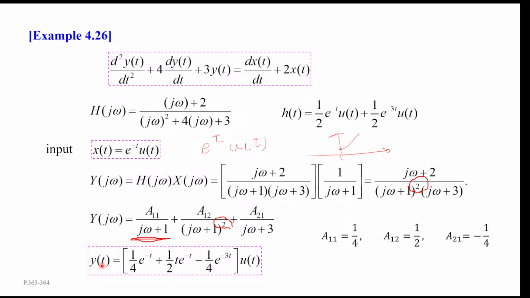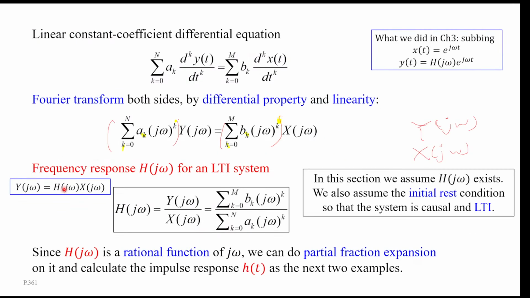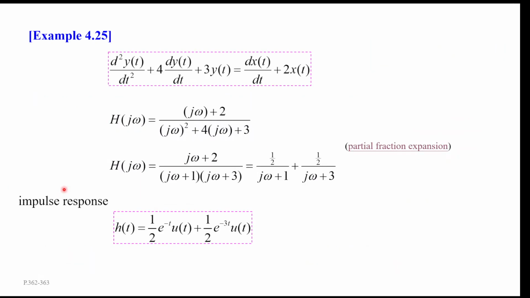Those are questions with a diverging signal or an unstable system. We'll see how to deal with them with the Laplace transform in chapter 9. So that's a bit of a cliffhanger that we'll deal with later.